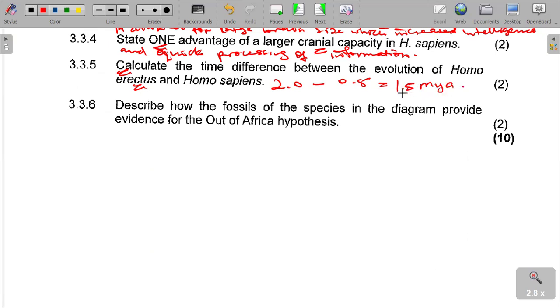1.5 million years ago. And then describe how the fossils of the species in the diagram provide evidence of the out of Africa hypothesis. This also refers to the out of Africa hypothesis on the channel, and it has been answered somehow better as well. So the fossils of the Australopithecus and also Homo habilis are found only in Africa.